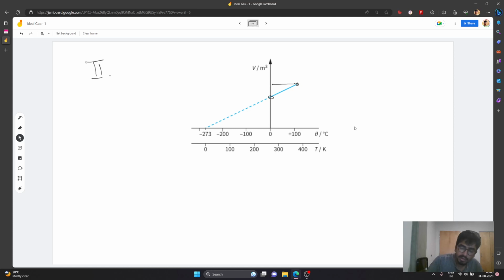But he said that if it is decreasing linearly, in that case, I can extend it to say at what temperature does the volume become zero. So this is also a special concept. This is called absolute zero.